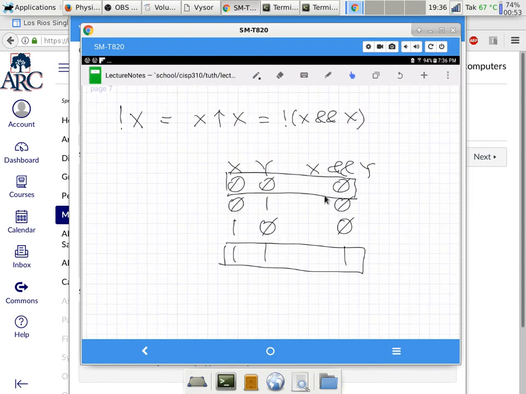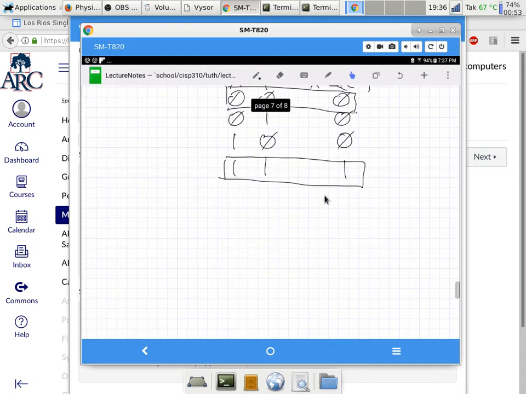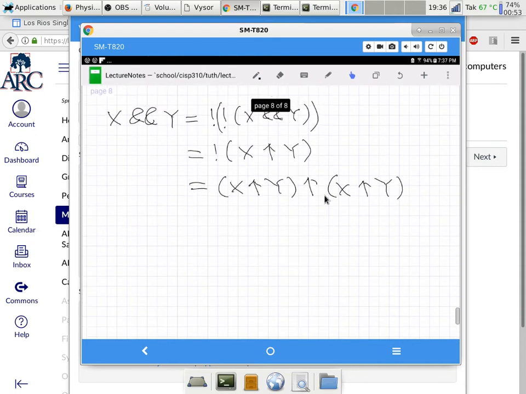So the negation of something is something NAND that same something. So in this case, it becomes Z NAND Z, except Z is not a simple thing. Z itself is an expression of X NAND Y. So now we have X NAND Y, the whole thing, NAND itself. So is that okay? Cool.